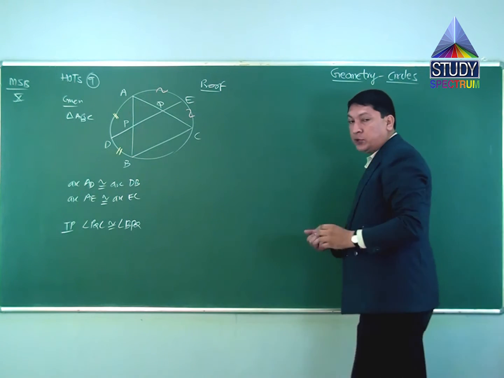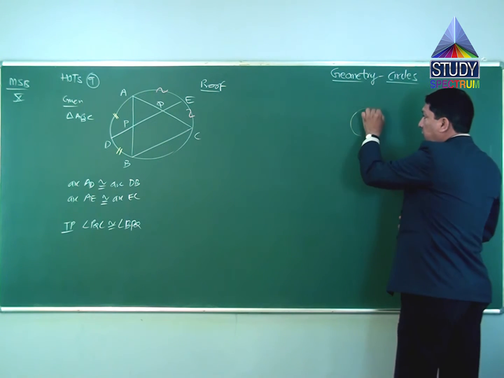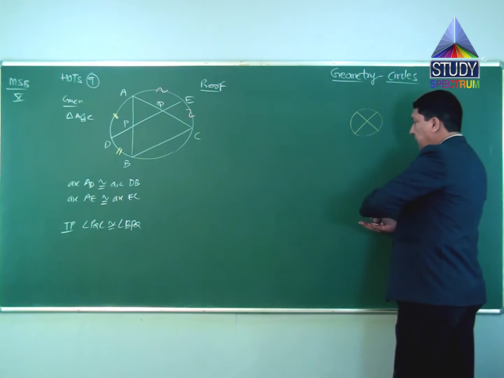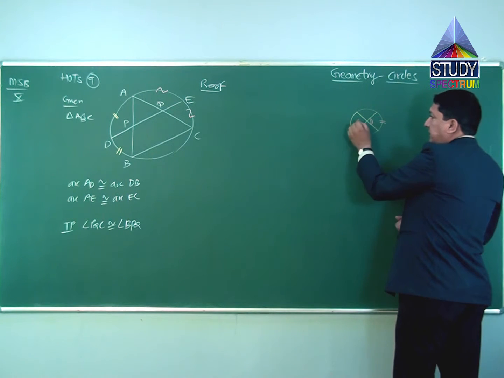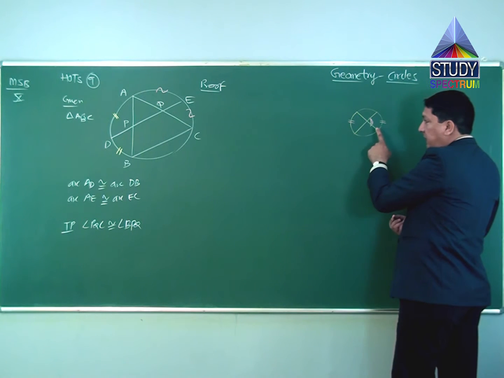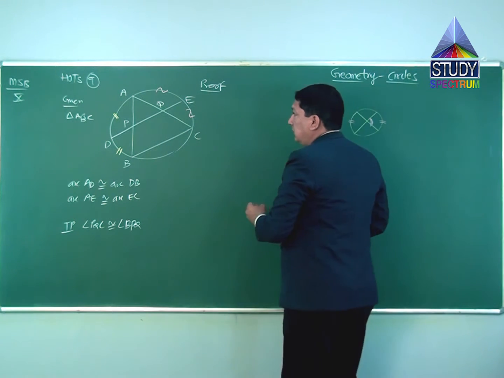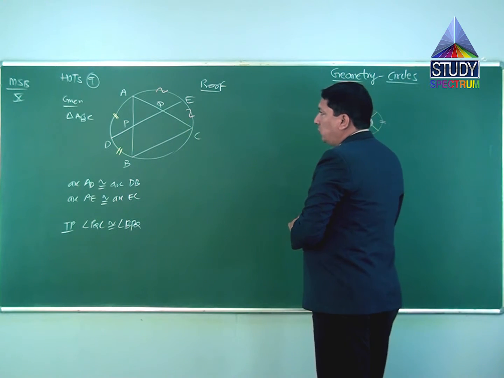Now, if you go back to theorems, we already know: in a circle, when 2 chords intersect inside, the angle formed is half the sum of the intercepted arcs. That is the arc intercepted by the angle and the arc intercepted by the vertically opposite angle. We require angle PQC and angle BPQ.